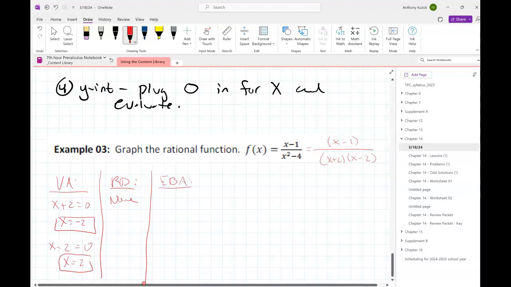For my end behavior asymptote, the degree of the numerator, x minus 1, is 1, and the degree of the denominator is 2. Since the degree of the numerator is less than the degree of the denominator, that end behavior asymptote is y equals 0.